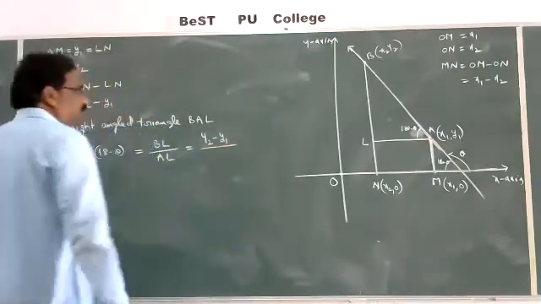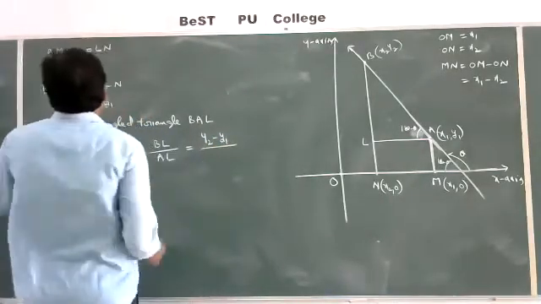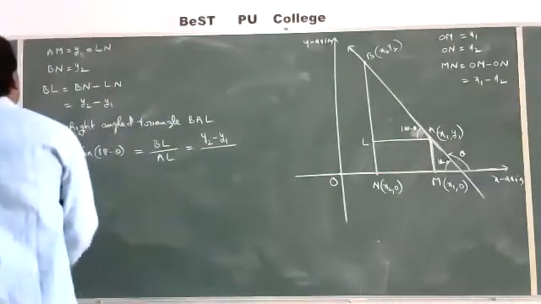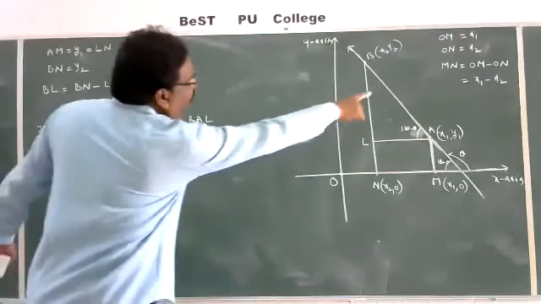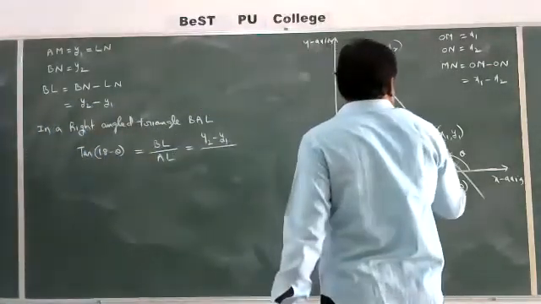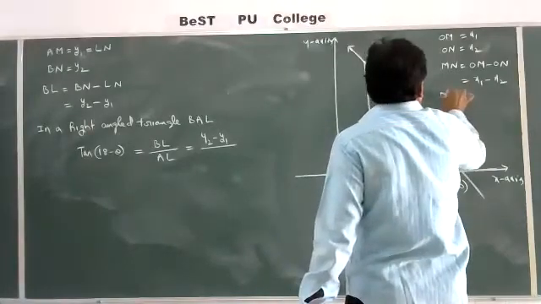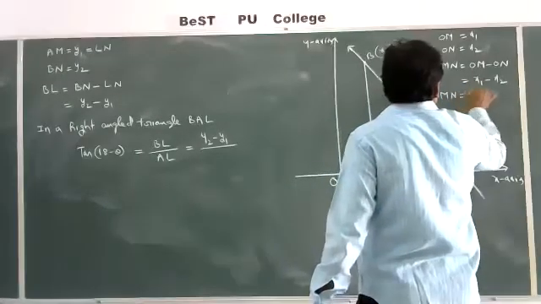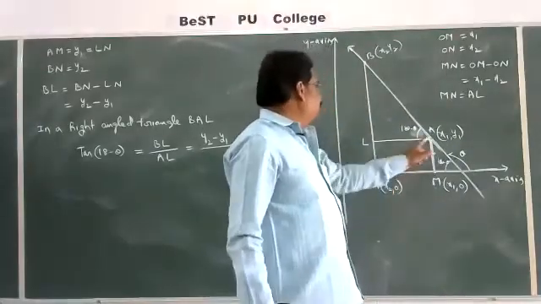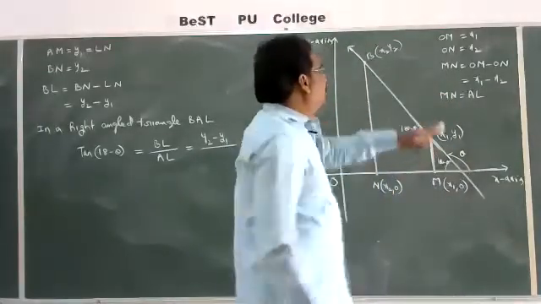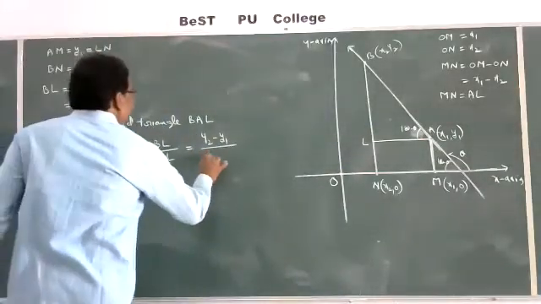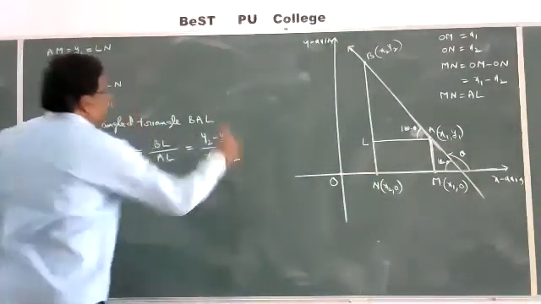And AL: here you write MN is equal to AL. So MN is x1 minus x2. That is, AL is x1 minus x2.